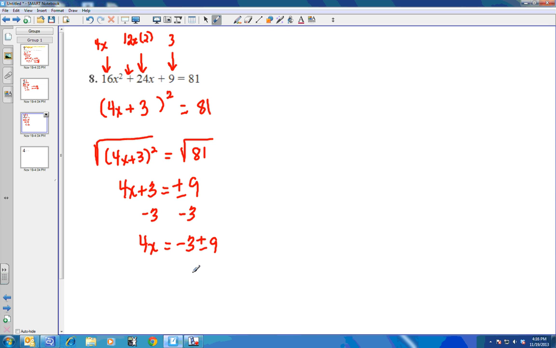Okay, so let's write my two problems down. I have 4x equals negative 3 plus 9. That would be my first one, which is 6. Or 4x equals negative 3 minus 9, which is negative 12. So I'm going to solve for x.